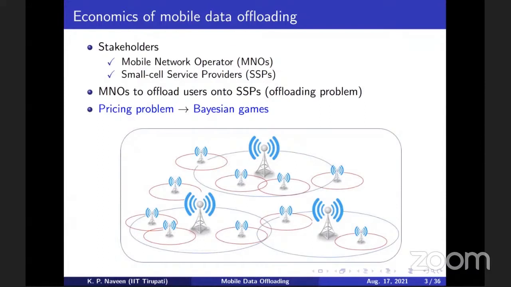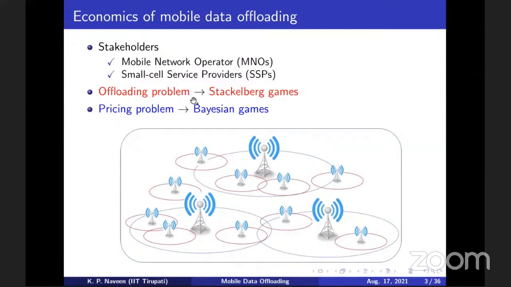This is joint work with my PhD student Sushma, and it is ongoing work. Currently, we are also focusing on solving the offloading problem. At a higher layer, the MNO can also choose to decide how much traffic it can offload onto the SSP.